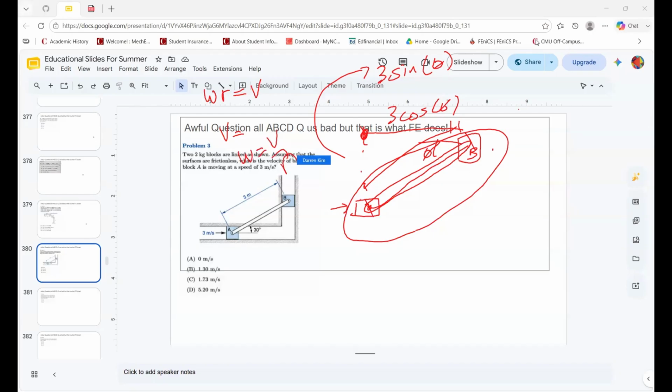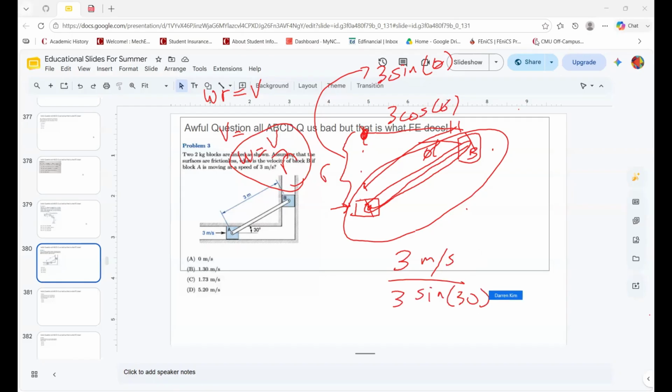In this case, R is this, because we need to find the spacing that is normal for a moment. It's for a cross product that is related to a region. It's basically like moment, but more specific. So we do 3 meters per second divided by R, which is 3 sine 30, equals about 2.